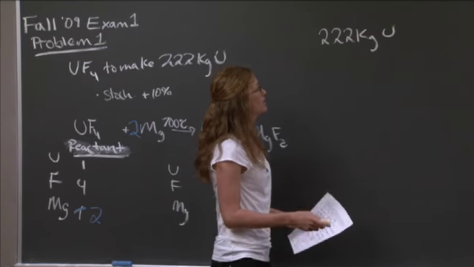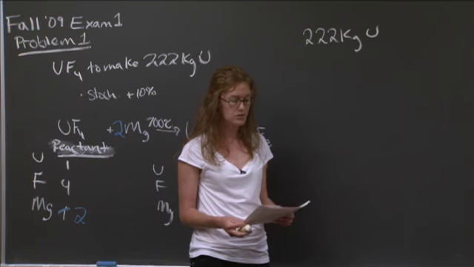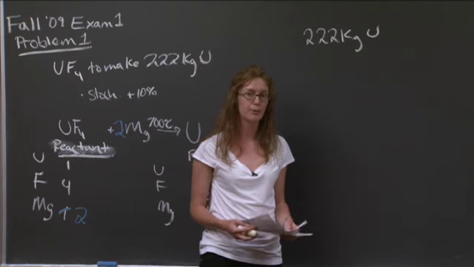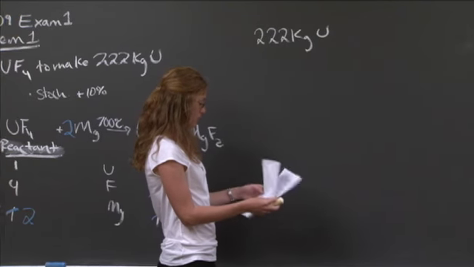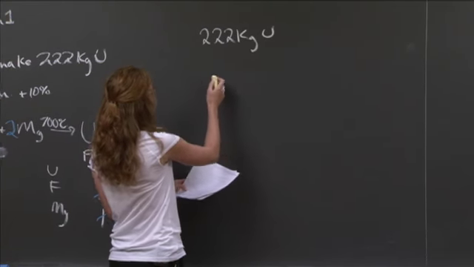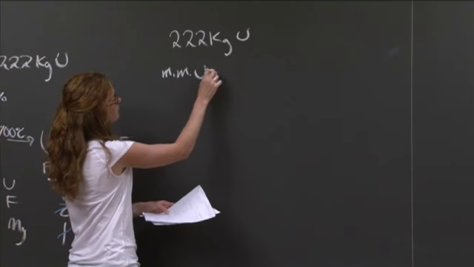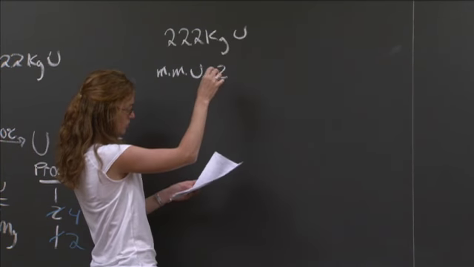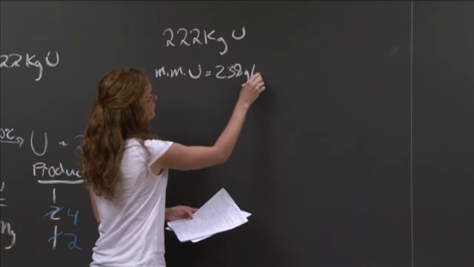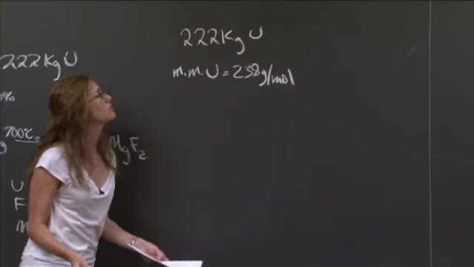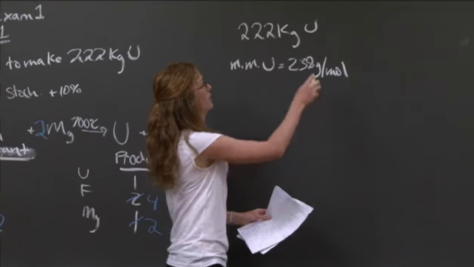The other thing we need to know is the molar mass of uranium. This is something you can look up on your periodic table, online, whatever resources you have available. The molar mass of uranium is 238 grams per mole.